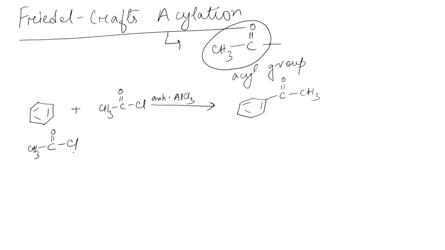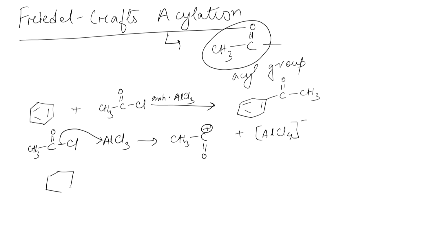So, we had the acyl chloride and aluminium chloride. The bond is formed like this, giving AlCl4 minus. Now we have benzene.